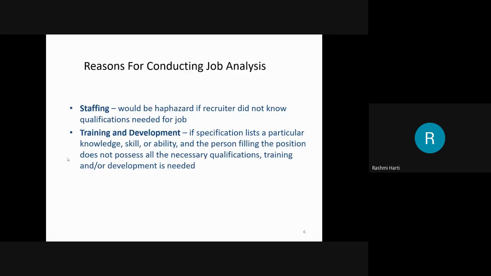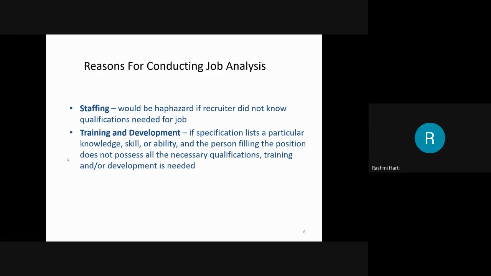If recruitment is required, what type of candidate is to be recruited for that job becomes very clear when there is job analysis. If it is not there, it becomes haphazard recruitment for the HR department. They will not know what type of skills, knowledge or ability is required for a person to work on that particular job. Okay, so that is one of the reasons why job analysis is conducted.